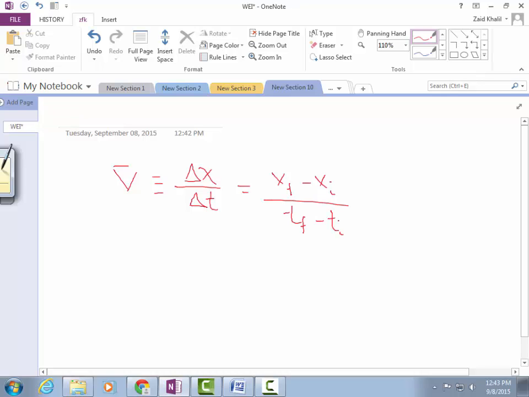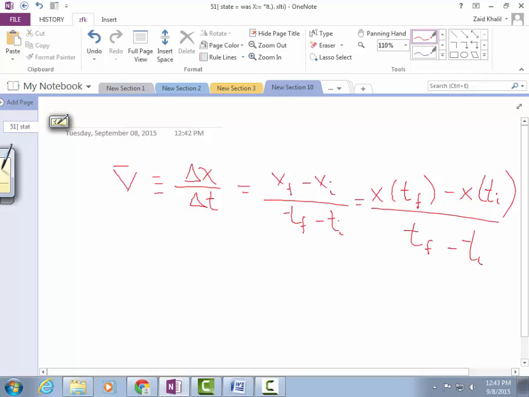But I already explained to you that your position is generally going to be a function of what parameter? Time. So xf is actually x at tf, and xi is x at ti, over tf minus ti. Let's talk about a starting time.